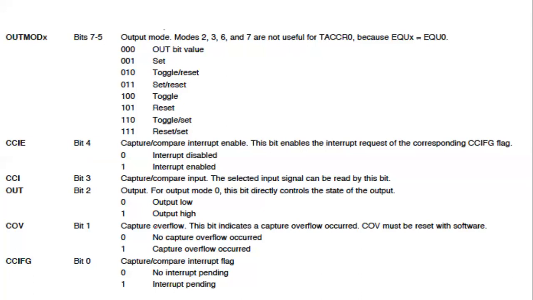The overflow occurs after the maximum value goes to 0. 0 means no capture overflow, 1 means a capture overflow. Then CCIFG means capture compare interrupt flag. If 0, no interrupt is pending. 1 means interrupt is pending. These are the two registers: one is the timer A control register, and number two is the timer A CC control register. Please note that both are 16-bit registers.